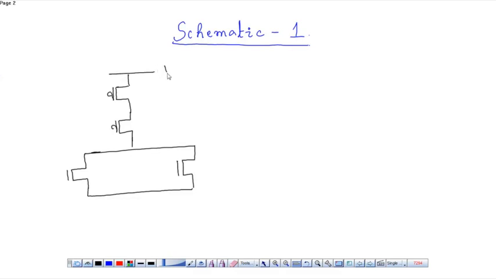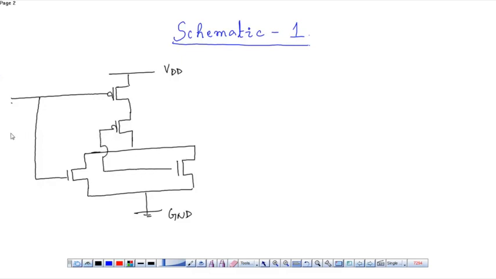so this is VDD and this is ground. This is my input 1, and this is my input 2.